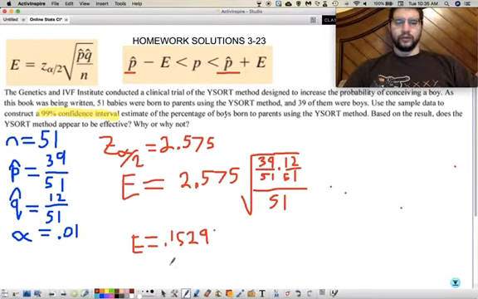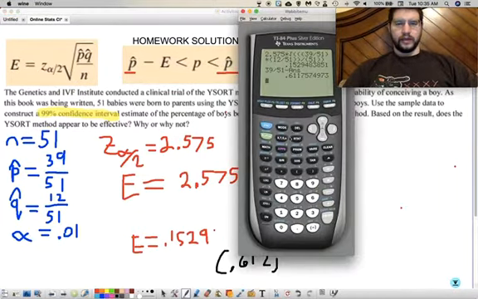So our confidence interval would be 0.612, and then I'm going to add that, 39 over 51 plus, and I'll just type it in, I get 0.918.